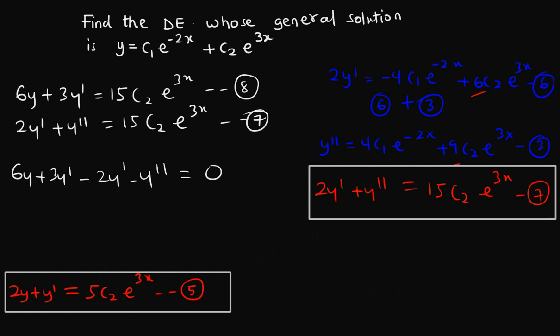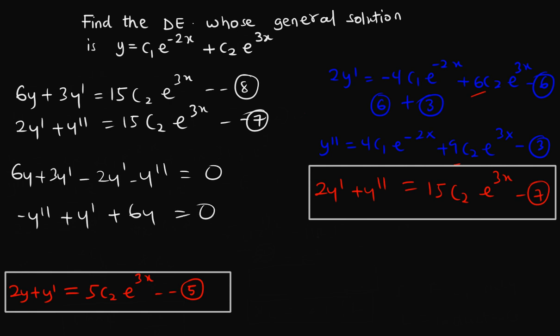Now let's rewrite what we have here. You have minus y prime prime, and then plus 3y prime minus 2y prime, that'll give me y prime, plus 6y, and this should be equal to 0.